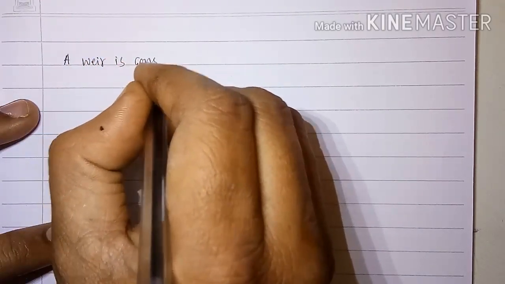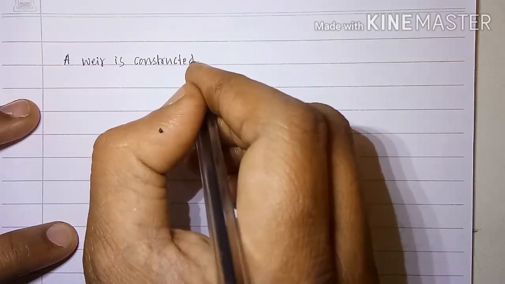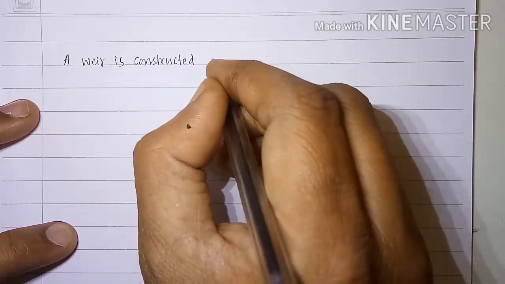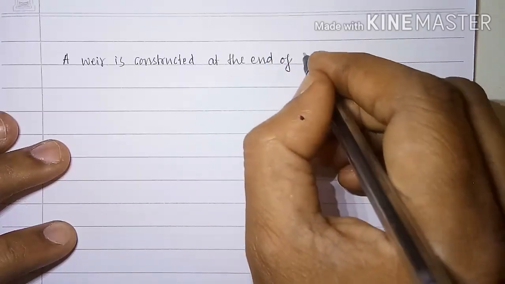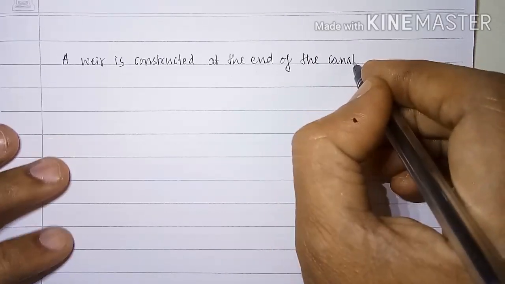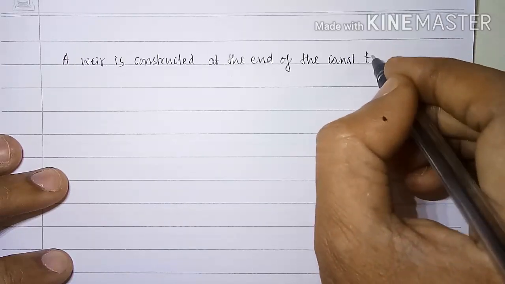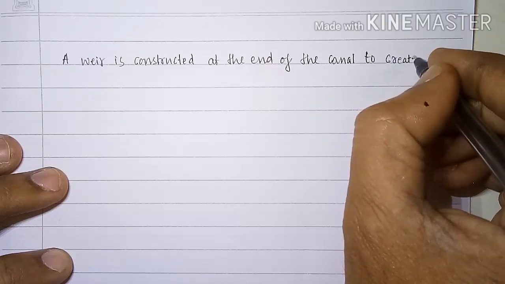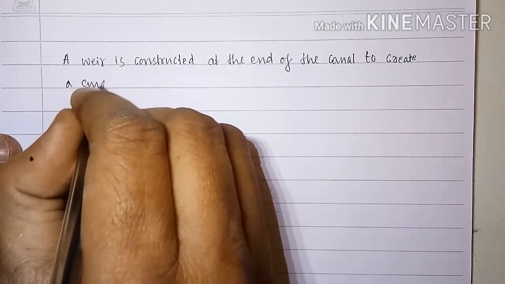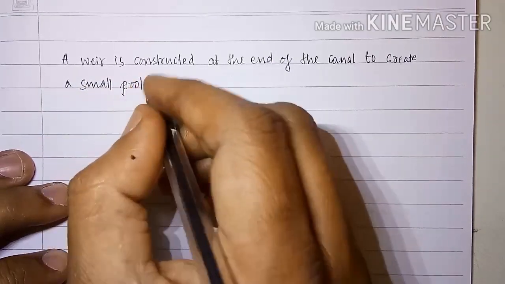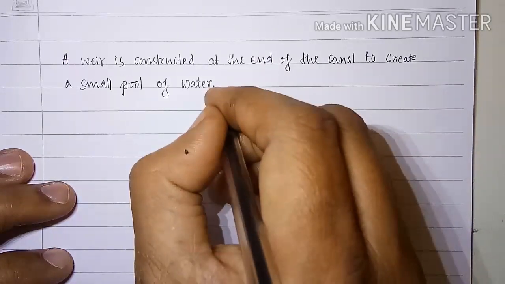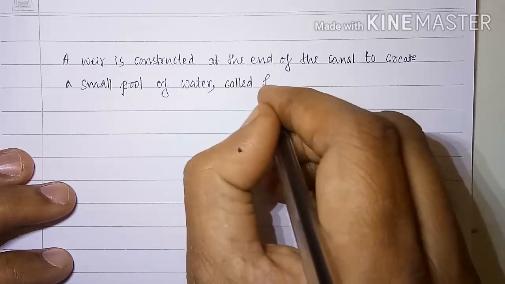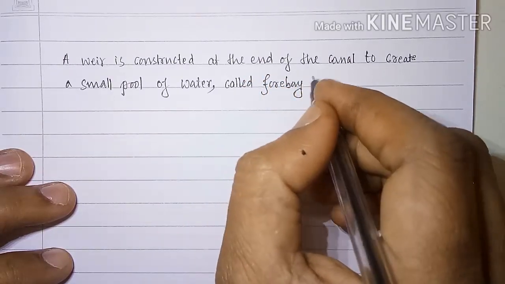A weir is constructed at the end of the canal to create a small pool of water called the forebay.